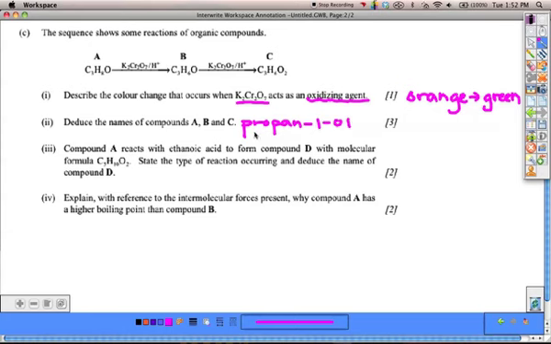So on my first carbon, I have an OH group attached to it, making it an alcohol. B, once I've done that oxidation, becomes propanal. That 'al' means I'm an aldehyde now.